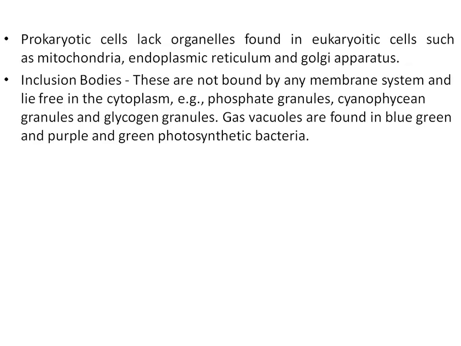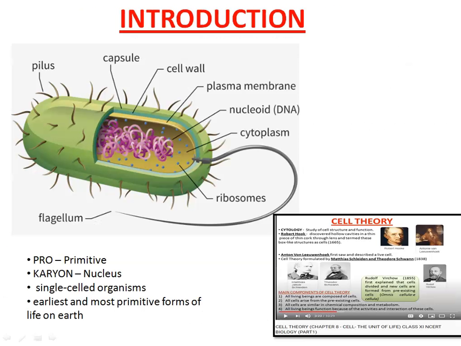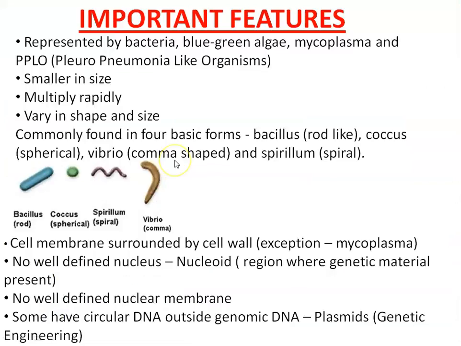Apart from these, inclusion bodies are also present in the cytoplasm of a prokaryotic cell, which are not membrane bound and lie freely in the cytoplasm. The blue dots I showed you in the first slide represent ribosomes; apart from the freely available ribosomes, there are many inclusion bodies as well.